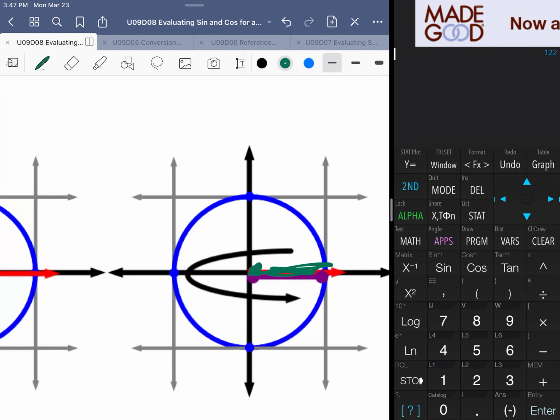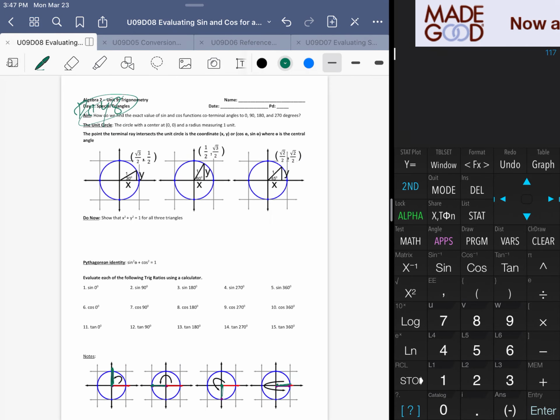But before we get into that, let's talk about the do now assignment. The do now assignment says, show that x squared plus y squared equals 1 for each of these three triangles. Now, it's really x squared plus y squared equals 1 squared. But this works because the hypotenuse of these triangles is 1 because we're using the unit circle.